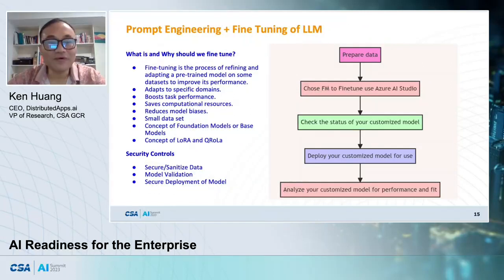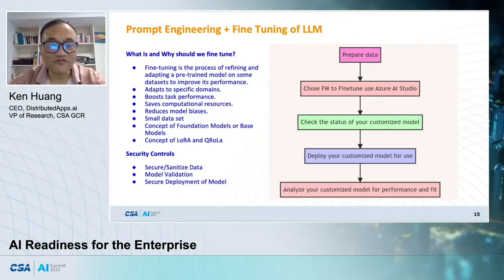Yeah, so another way is really fine tuning. Sometimes you have to do the fine tuning. So what is fine tuning? It is based on a foundational model, sometimes we call it the base model, right? You need to fine tune it using your own data. And sometimes it's called pre-training, right?